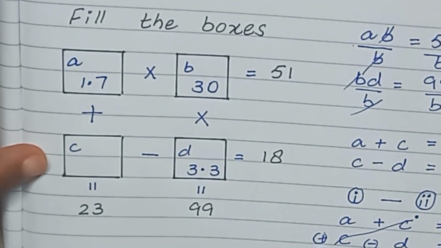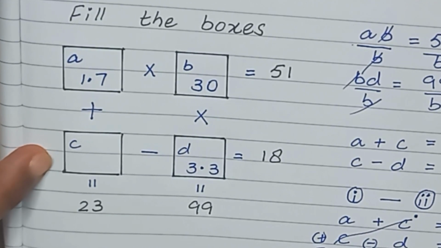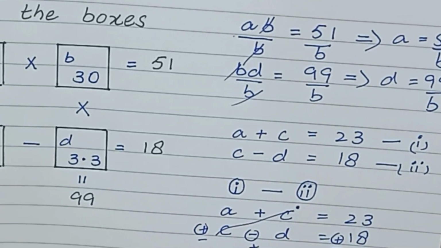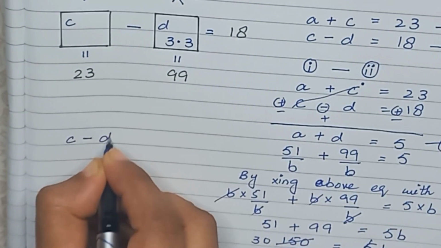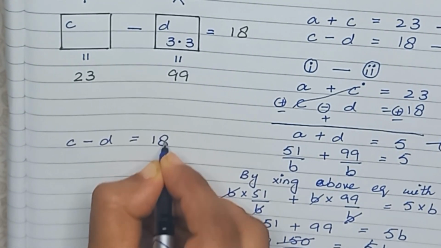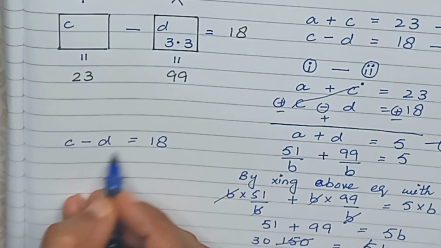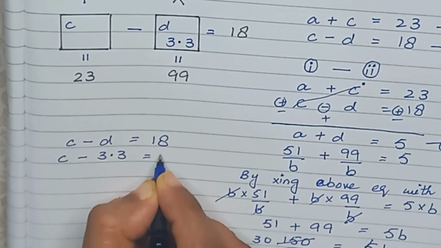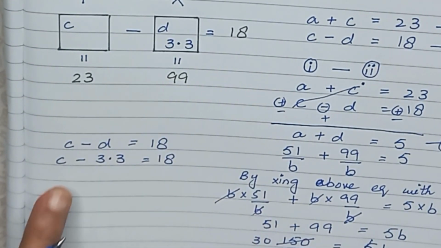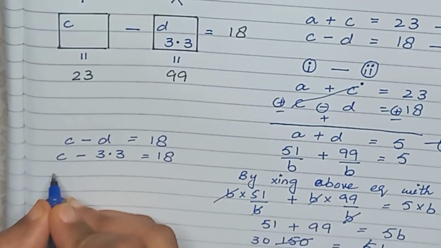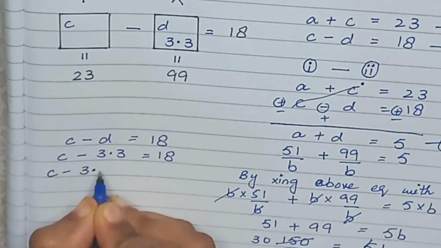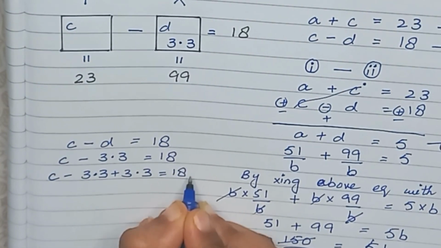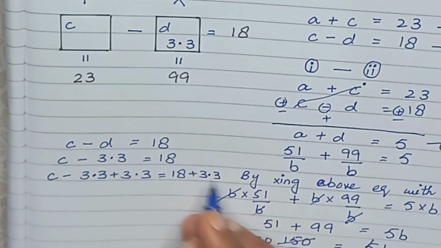Now we have only one variable we have to find, which is C. So if we see our equation number 2, which is C minus D is equal to 18, we know the value of D, which is 3.3. So it will become C minus 3.3, which is equal to 18. Now we will add 3.3 to both sides. So it will become C minus 3.3 plus 3.3, and it is equal to 18 plus 3.3.